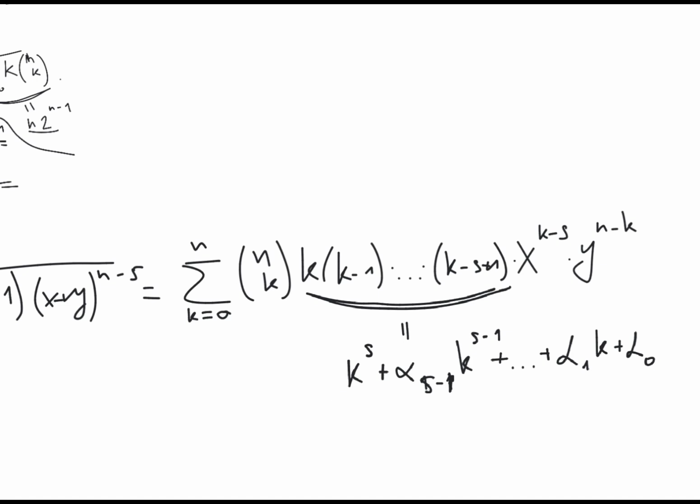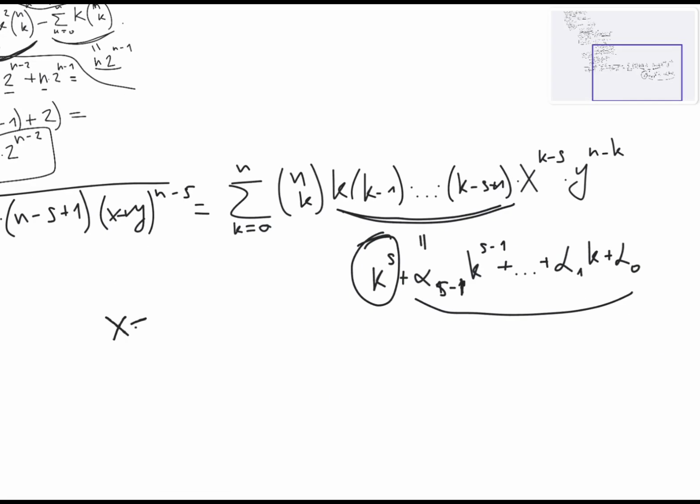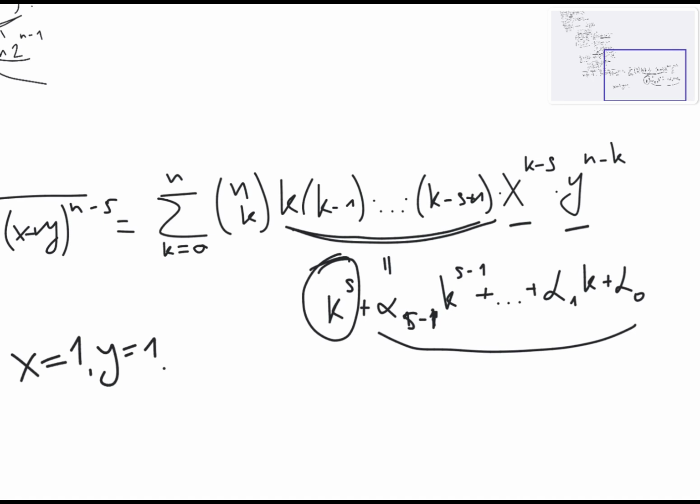It's clear that the first term is k to the power s. So basically we keep the sum for this factor separately, and everything else. Then of course we set x equal to 1, y equal to 1, and in the resulting sum x and y disappear because they are 1.